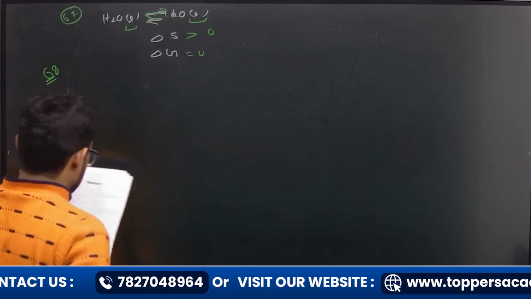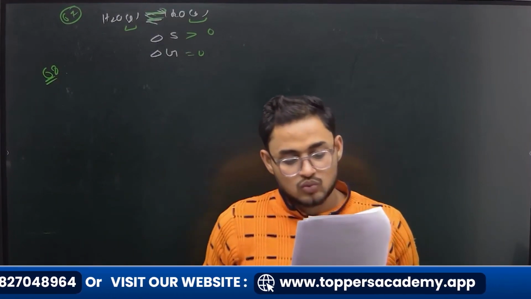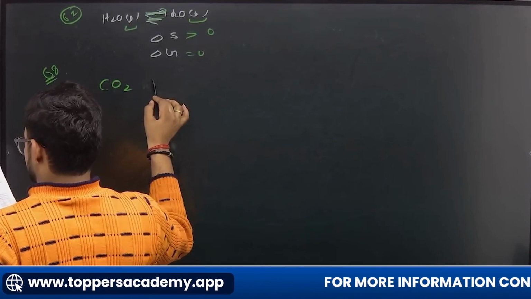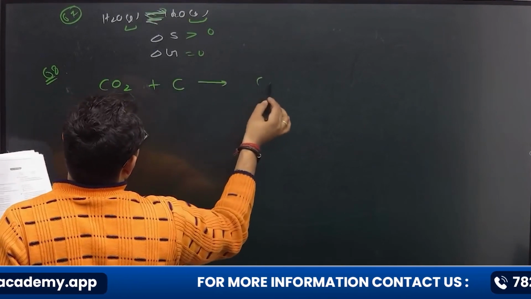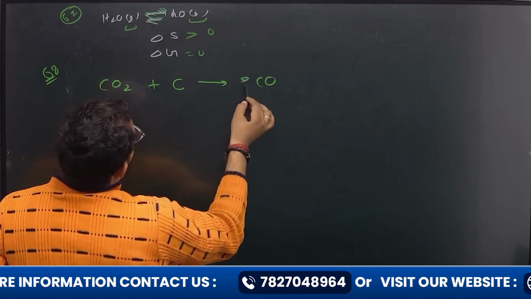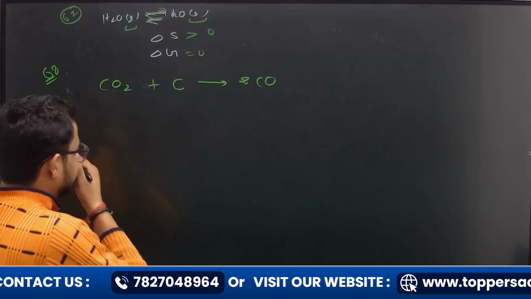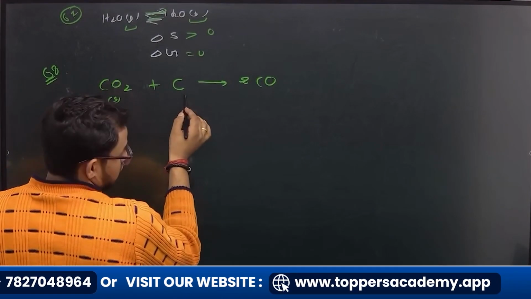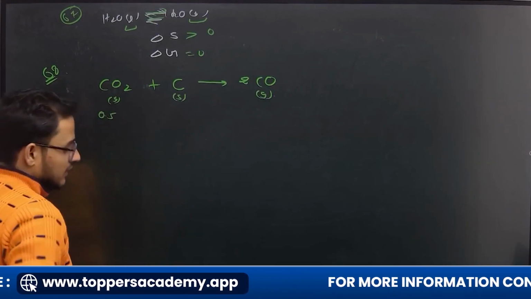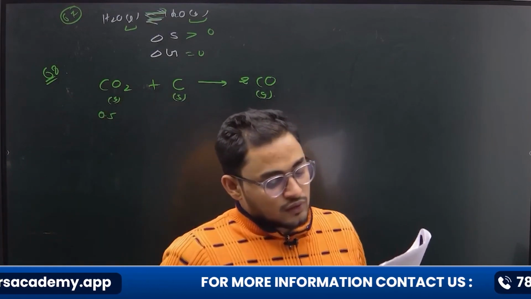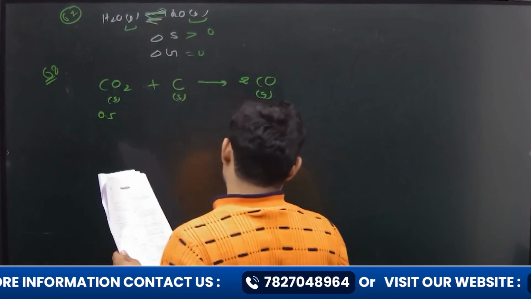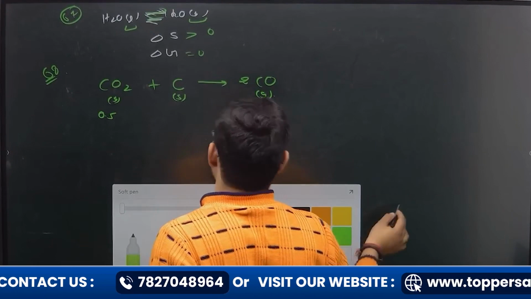Now 68. CO2, and we are adding some graphite and it is being converted into CO. You will have to remember the equation: CO2 plus C gives 2CO. Balanced. It is in the gaseous form; carbon graphite you will take as solid. Initially there was 0.5 atm pressure, and now some CO2 is converted into CO on addition. The total pressure at equilibrium is 0.8 atm. Find the value of Kp.